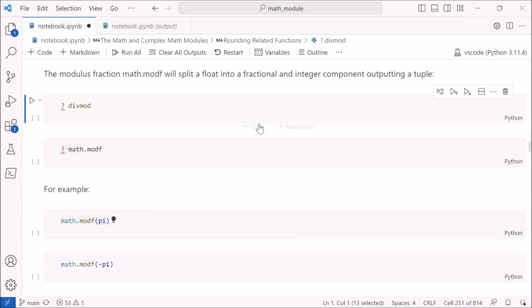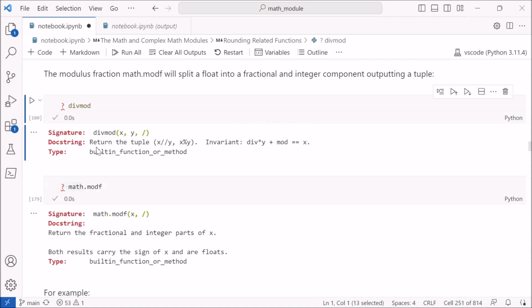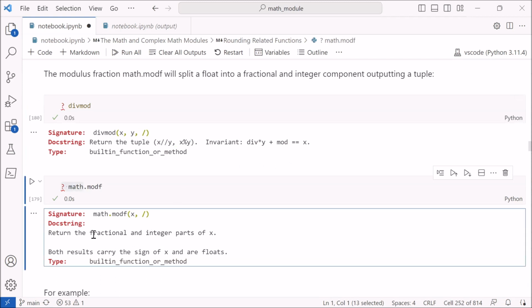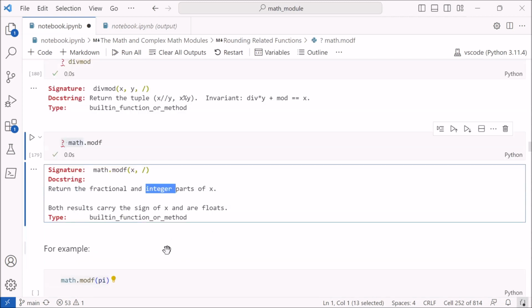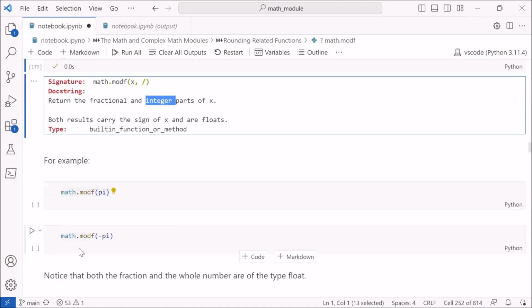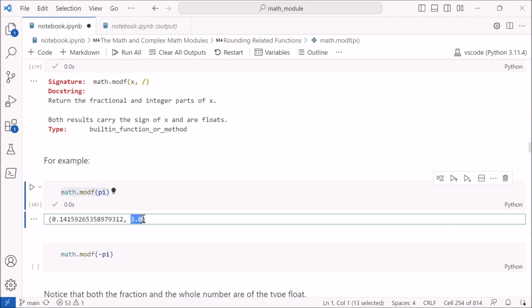The modulus fraction math.modf will split a float into a fractional and integer component, outputting a tuple. So it's quite similar to divmod, which returns a tuple with two values. In this case, it's going to return a fractional and integer part of x. For example, if we have a look at the modulus fraction of pi, then we've got 3.0, which is the integer, although it's shown as a float.